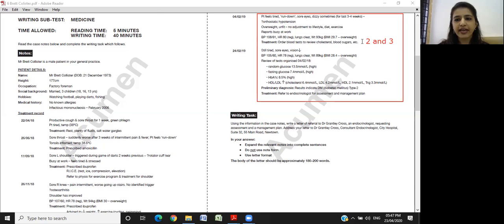And here, when I would write about the tiredness, I would clarify the timeline. I would clarify for how long they have had tiredness, and then other associated features can all go as risk factors and associated features in the fourth and fifth paragraphs.